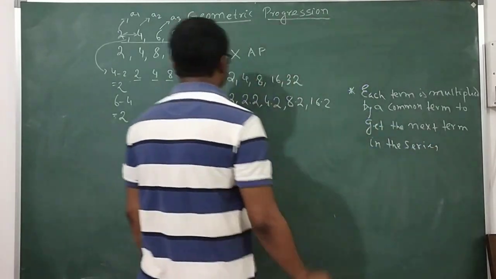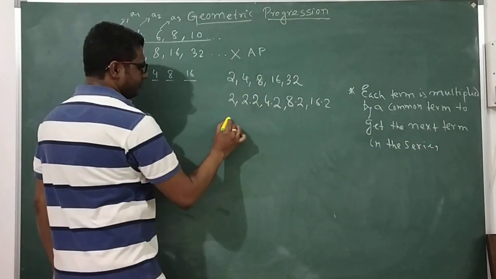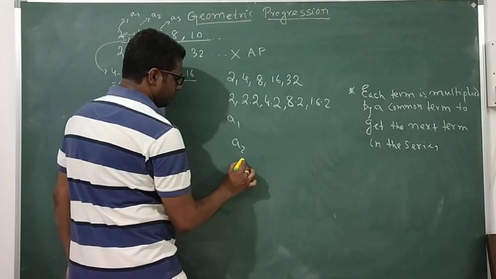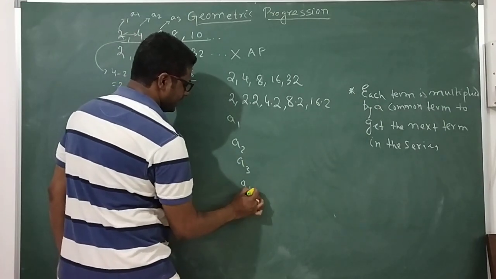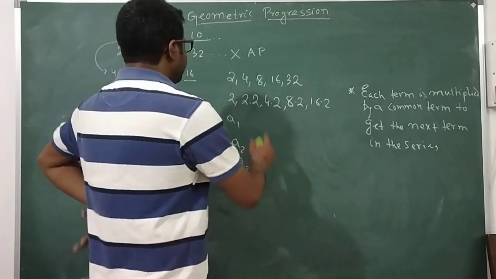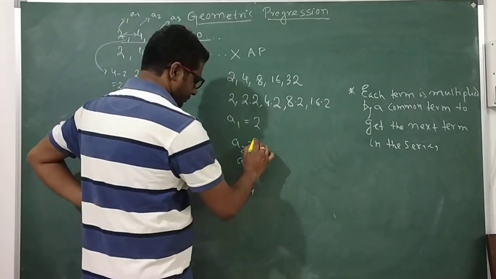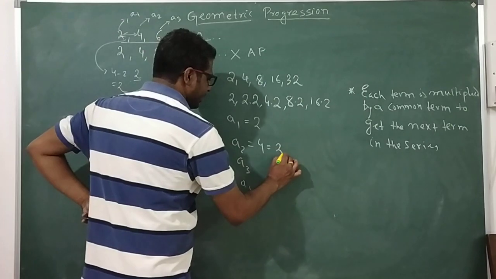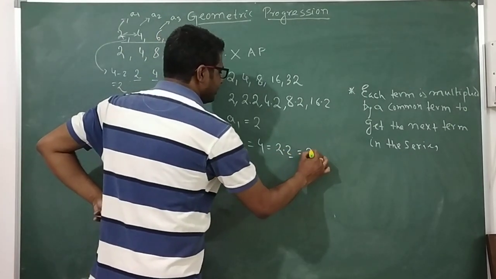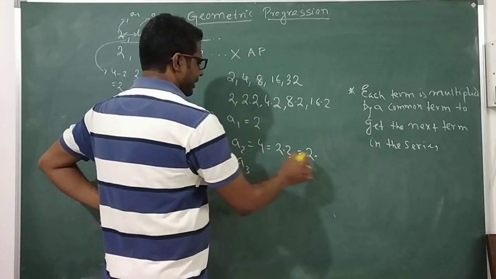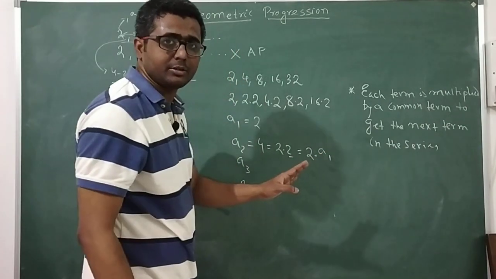See how it happens. This is A1, A2, A3, A4. Let us check. What is A1? A1 is 2. What is A2? A2 is 4, which is 2 into 2. So I can write it as 2 into A1.